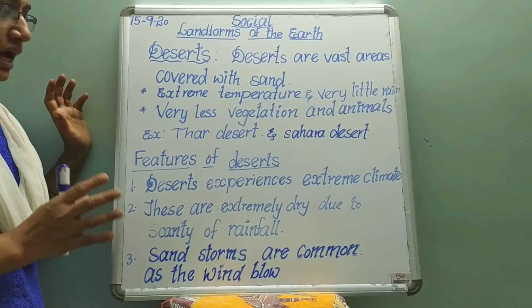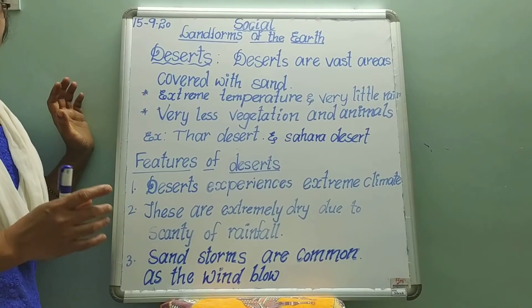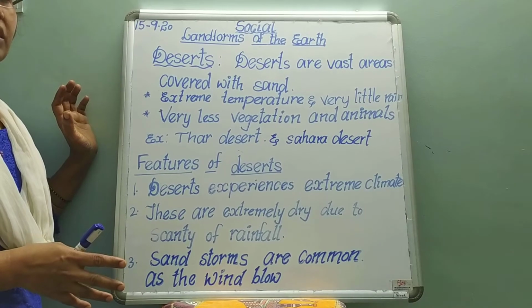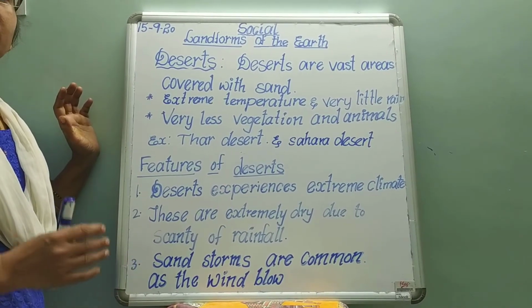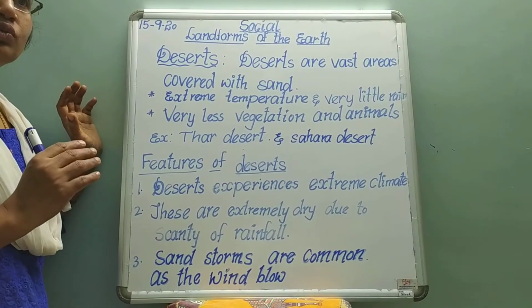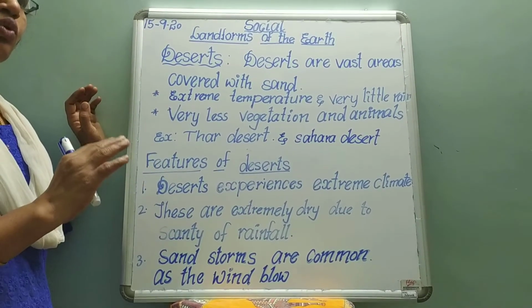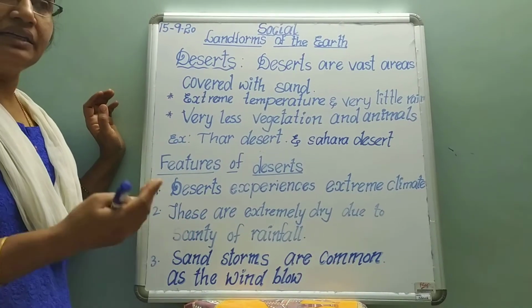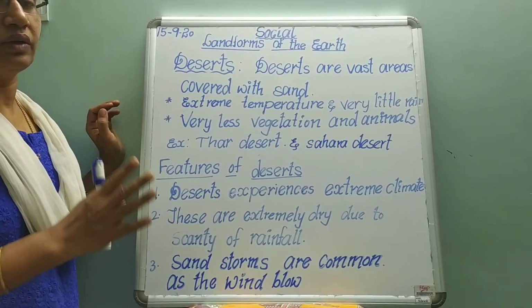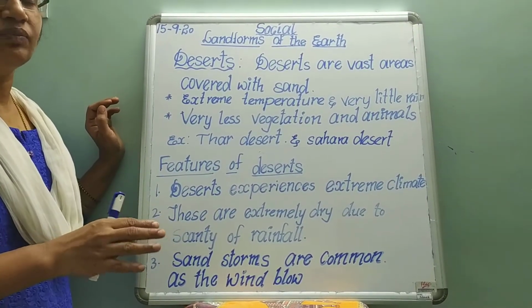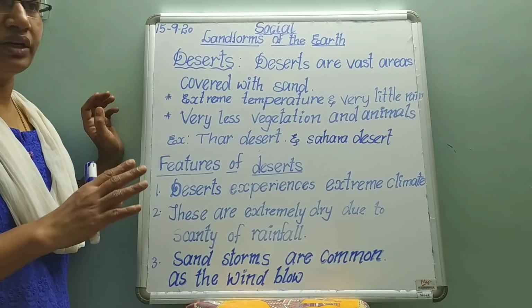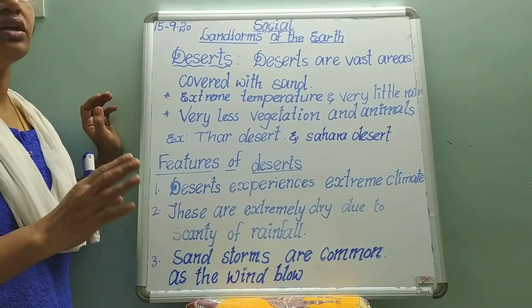If you consider our Thar Desert, which is situated in Rajasthan, in the summer season the temperature in the daytime is very hot, and may go above 50 degrees, and at night it is cool. In the winter season it's moderate, not too hot.